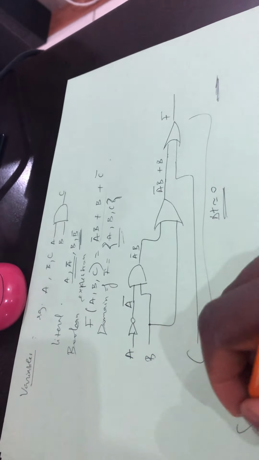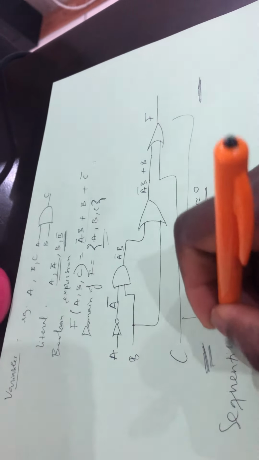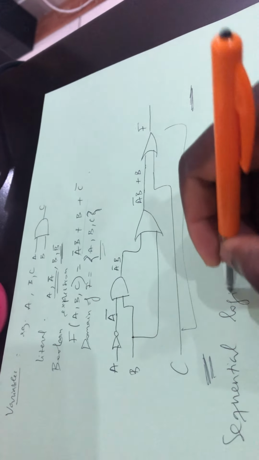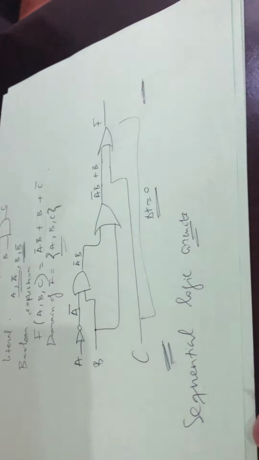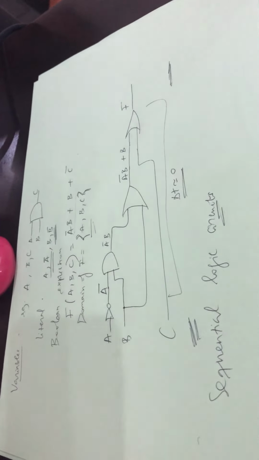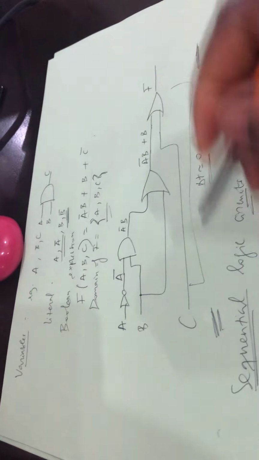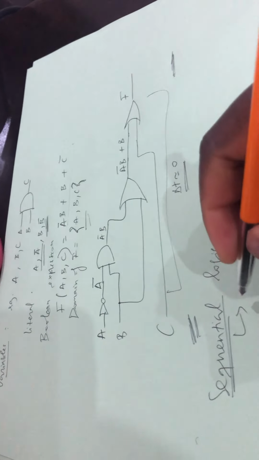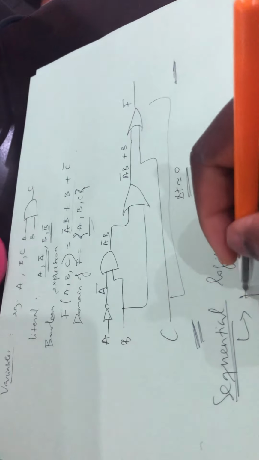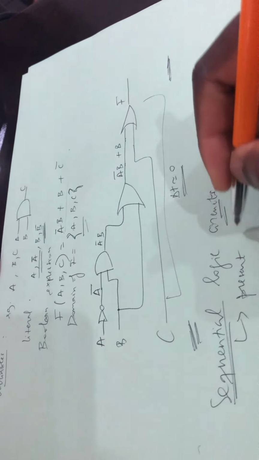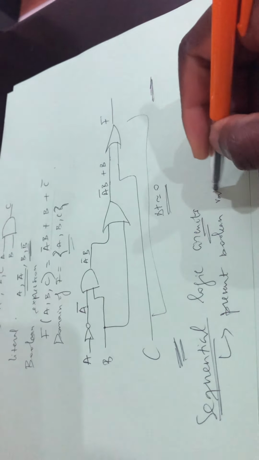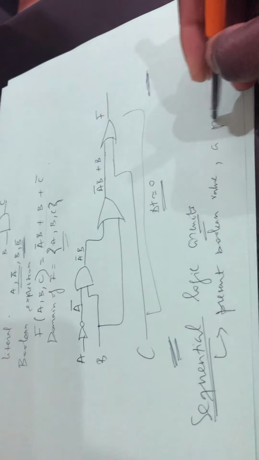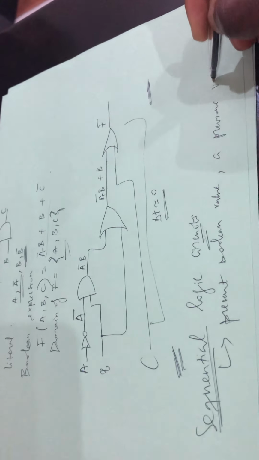But when it comes to sequential logic circuits, which are the other category of digital or logic circuits implementing logic functions, we have the idea that there is, as the word sequential insinuates, a present Boolean value and a previous value.